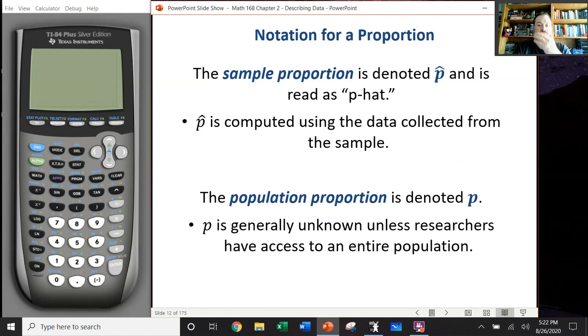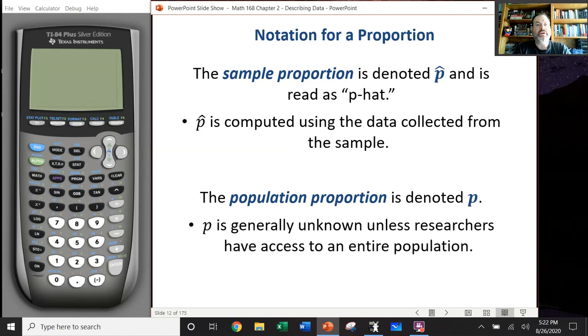And p hat is computed using data collected from the sample. So it's called the sample proportion, or sometimes a proportion from a sample. If your proportion comes from a population, then we use the symbol P as noted at the bottom there. And in research, P is generally unknown unless researchers have access to an entire population.